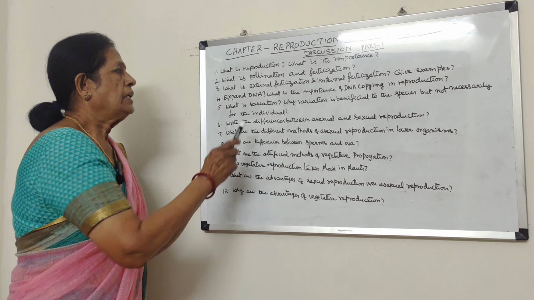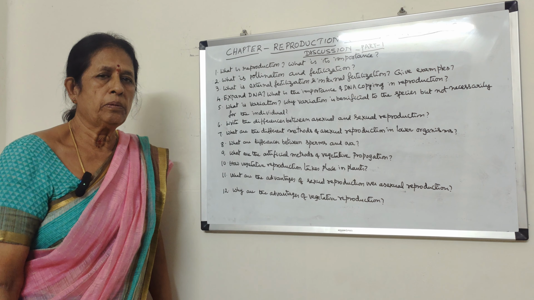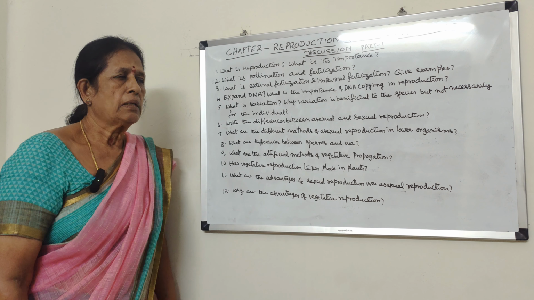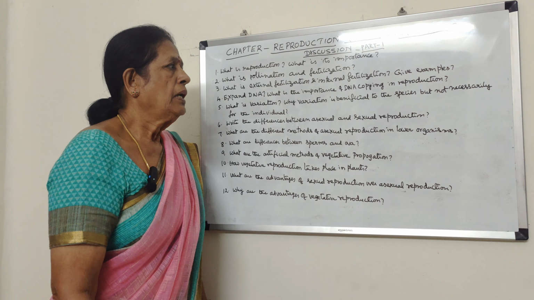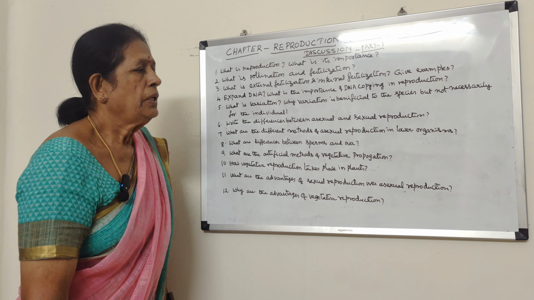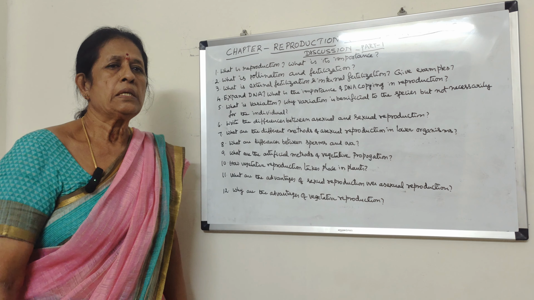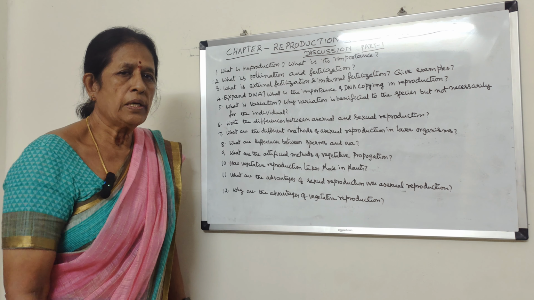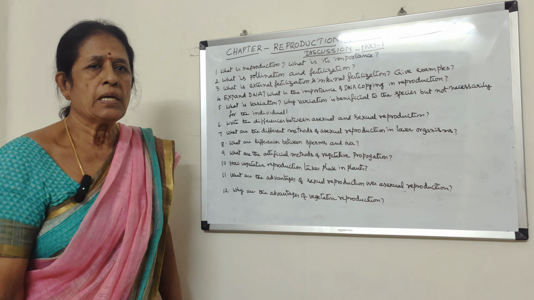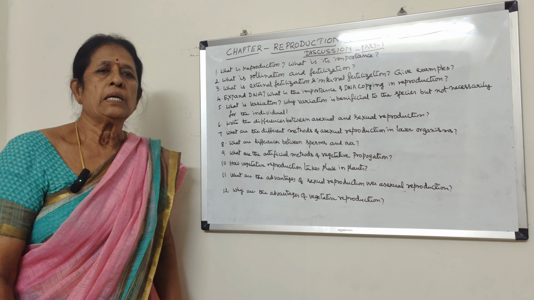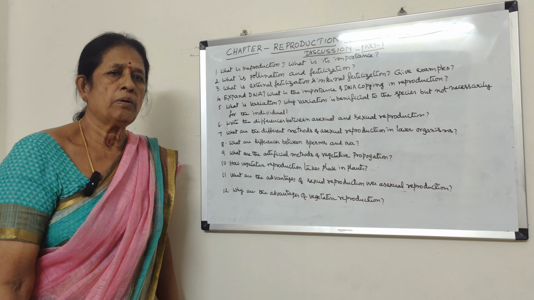Okay, and expand DNA. What is DNA? Deoxyribonucleic acid. What is the importance of DNA copying in reproduction? So DNA is the genetic material present in the chromosomes in the nucleus of a cell. It carries the genetic material, various characters which are inherited from the parent generation to the progeny or the offspring.